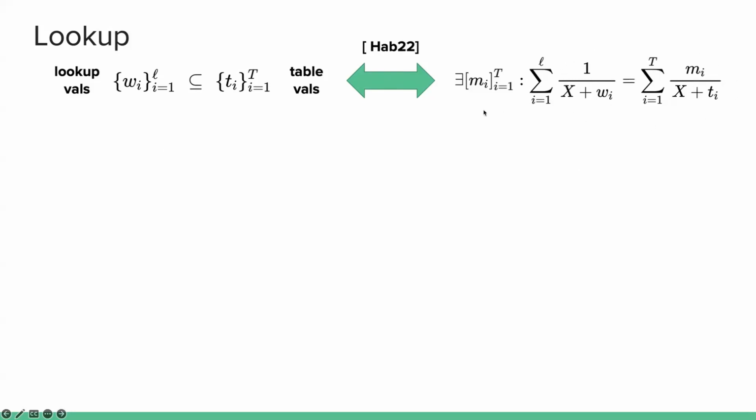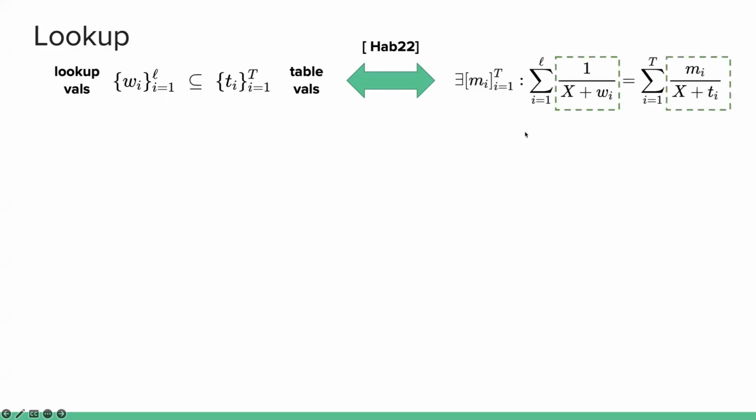That means if and only if there exist some multiplicities m_i such that these two sums are the same. And these two sums are just sums of fractional identities. The first is 1 over x plus w_i, where w_i is the online witness. And the second is m_i over x plus t_i. Intuitively, m_i is just the number of appearances of t_i in this set of w_i, which is also quite easy to compute.